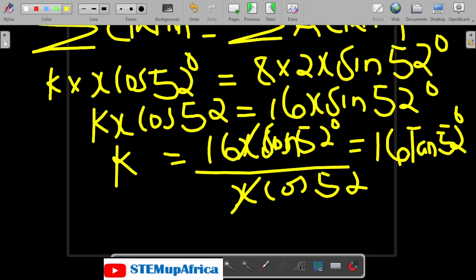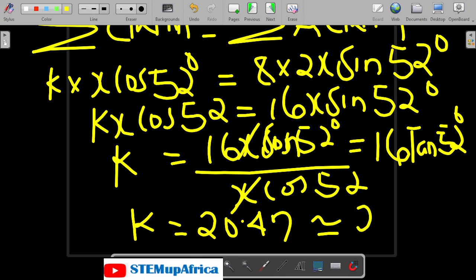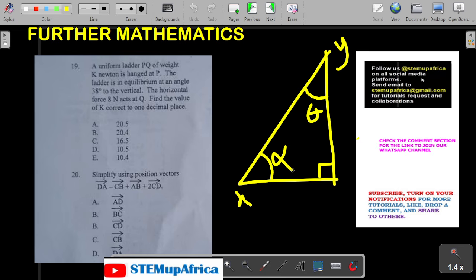So if you multiply 16 tan 52, our K will give us 20.47. But to one decimal, we're having 20.5 Newton. That's the value of K, 20.5 Newton. If you go by that, correct option here is A.